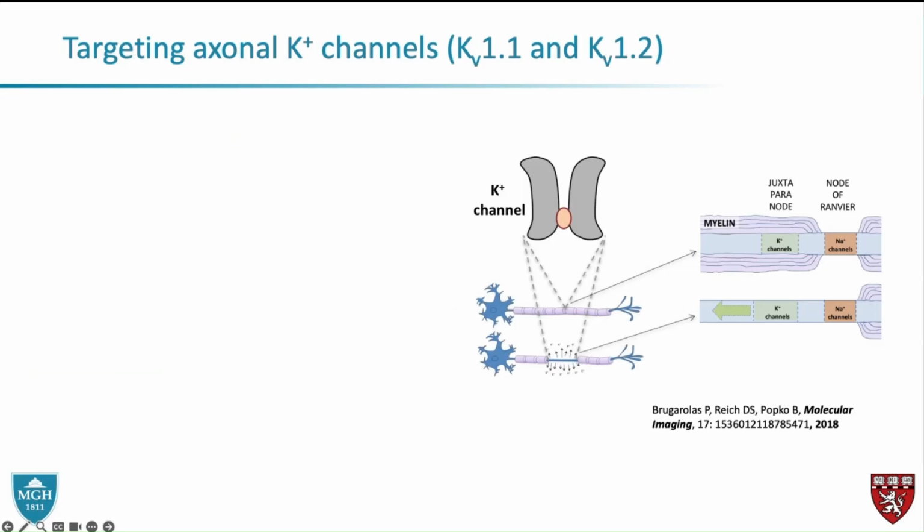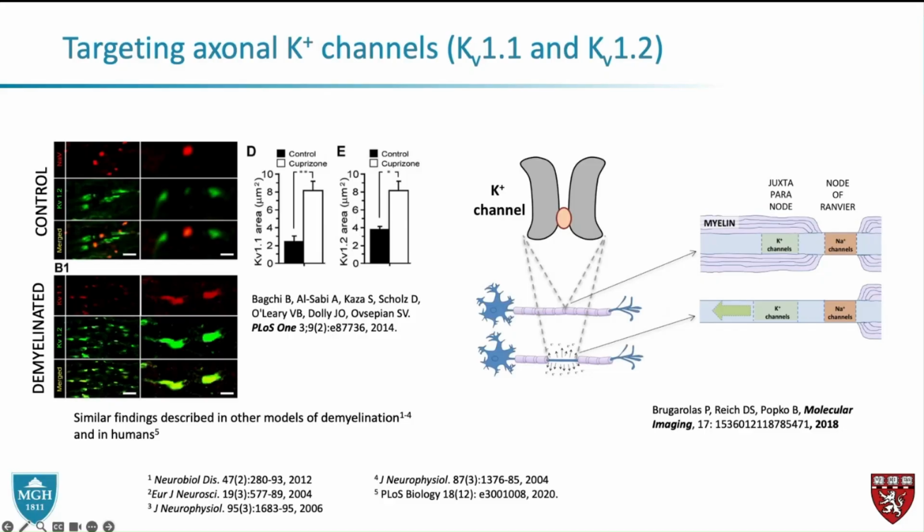So here on this scheme, you can see the node of Ranvier, which is the gap between the myelinated segments, has a high concentration of sodium channels, and then at the juxtaparanode, you have a high concentration of potassium channels. When there is demyelination, your potassium channels sort of spread out through the demyelinated segment. And that's what causes demyelinated axons to not be able to propagate action potentials.